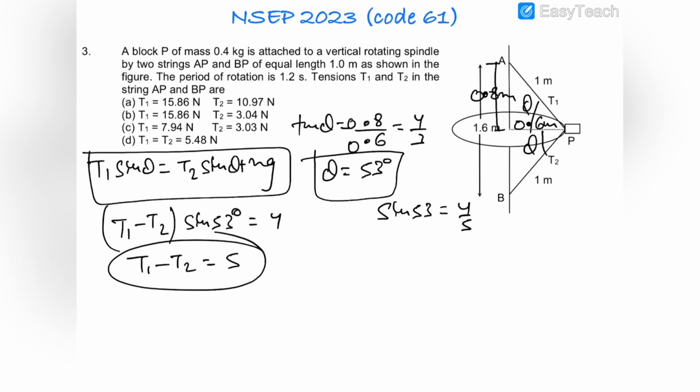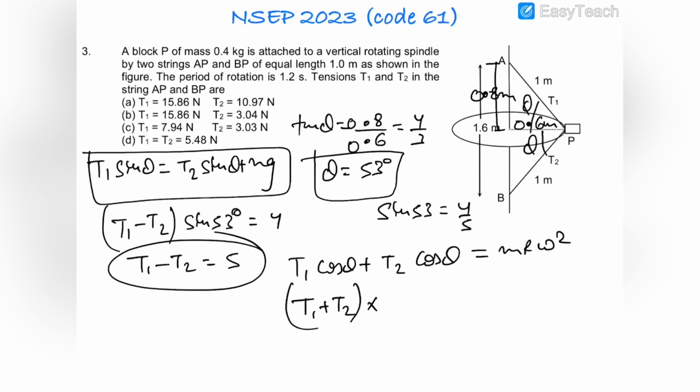Okay, and the value of T1 cos theta plus T2 cos theta is equal to m r omega square. So (T1 plus T2) into cos 53, where cos 53 is equal to 3 by 5, will be equal to m, which is 0.4, r is 0.6, and omega square.